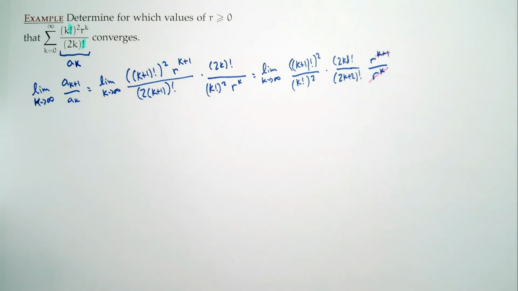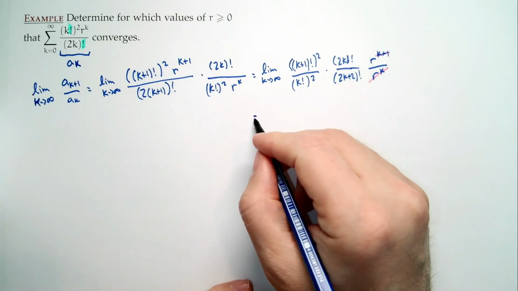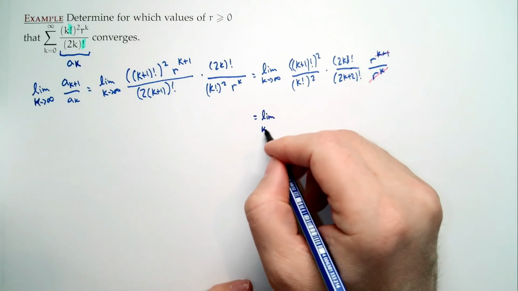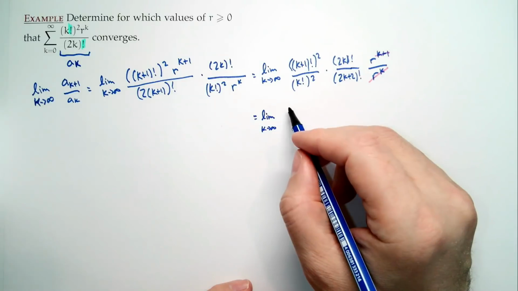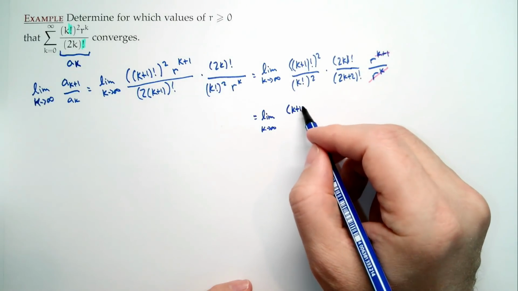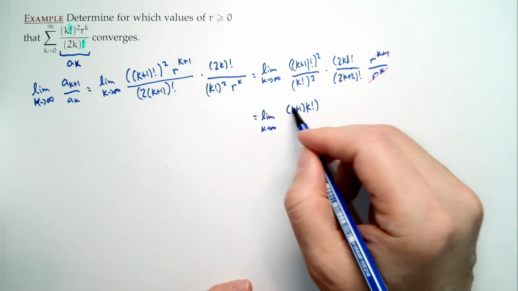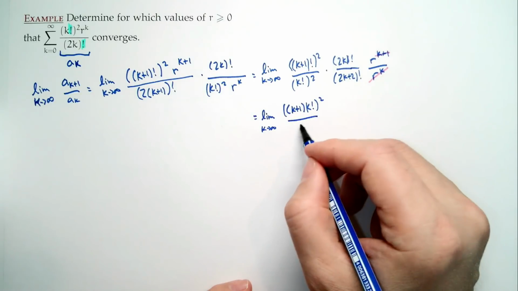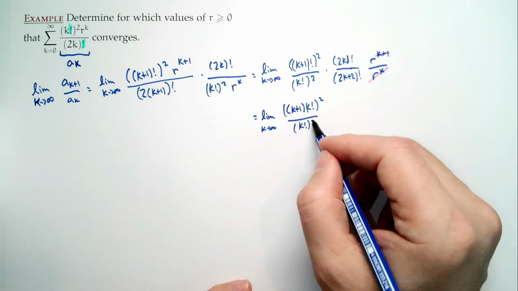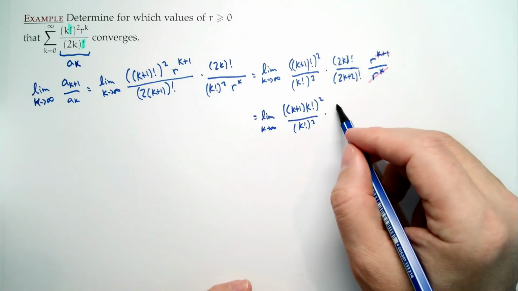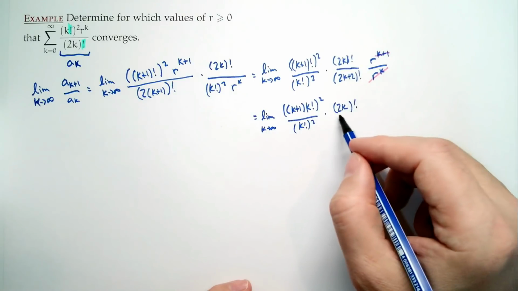What you can do is you can pull terms off the start. So this becomes the limit as k goes to infinity. Here, we're going to get k plus 1 times k factorial squared divided by k factorial squared. And the next term will be 2k factorial.